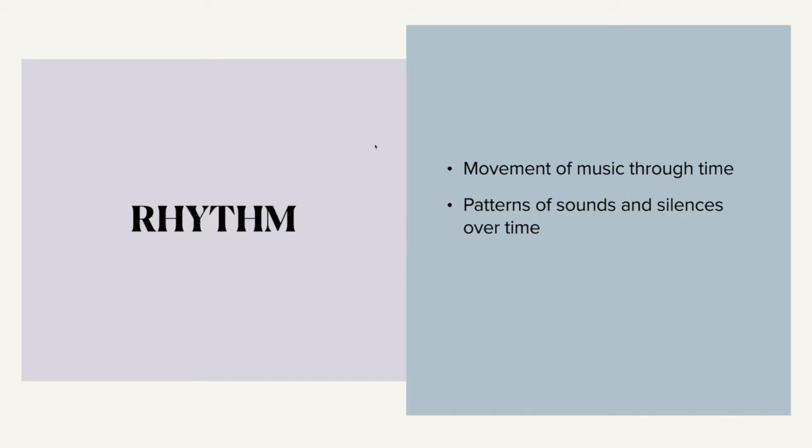Where you get a pattern is when you combine sounds and different moments of silence of different lengths. For example, some might be longer or shorter than others. If I were to give you a basic pattern, da, da, da, da, everything is the same there, and it's not particularly interesting.